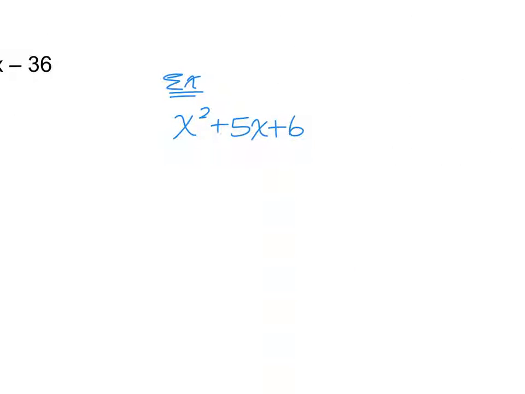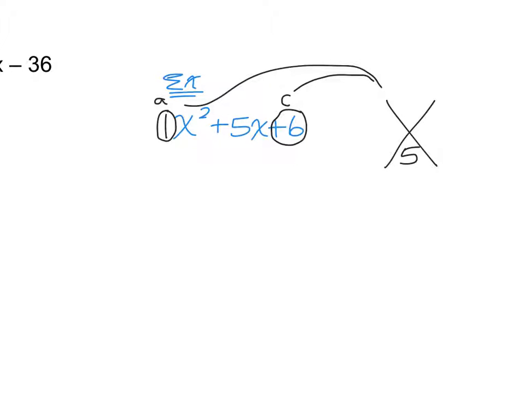Even if you had to do this on trial and error, you would get there pretty quickly, all right? But let me use this new A times C method, all right? The A value here would be 1. The C value would be 6. So when I make my X chart, the 5 goes on the bottom, A times C together give me the top.